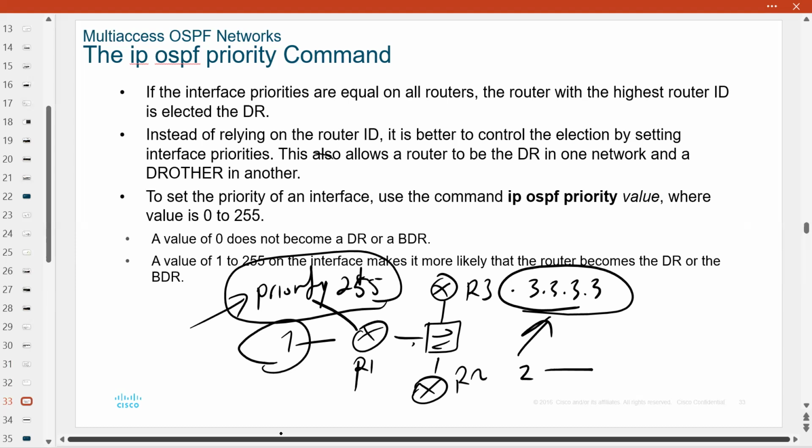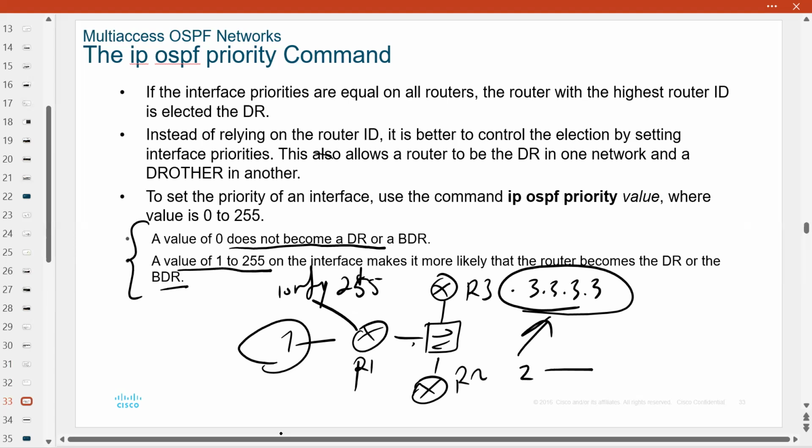All right, in summary: a value of 0 does not become a DR or a BDR. A value of 1 to 255 on the interface makes it more likely that the router becomes the DR or the BDR. If you want it to be most likely, just use 255 because this is the highest priority value. And how do you change that value?